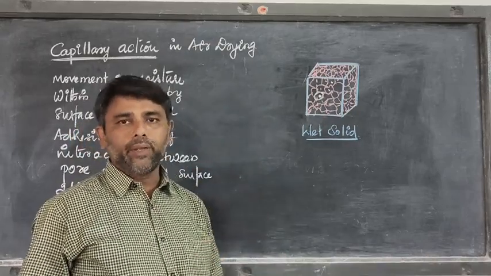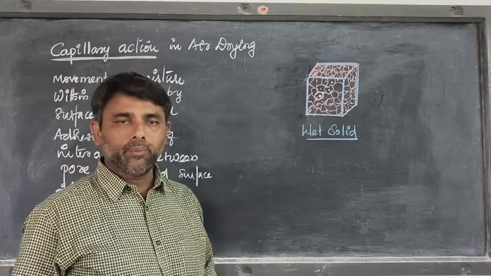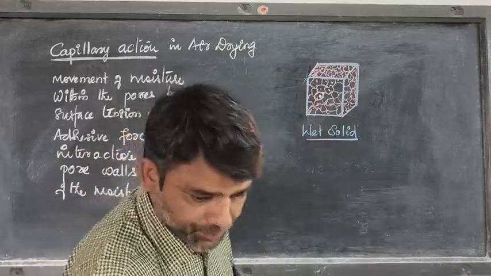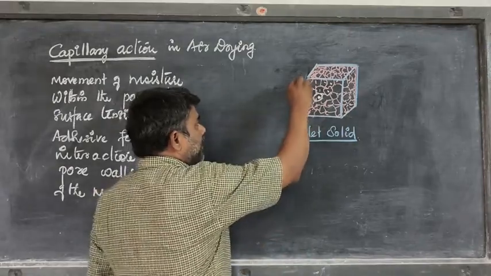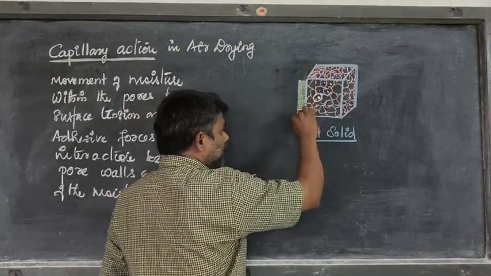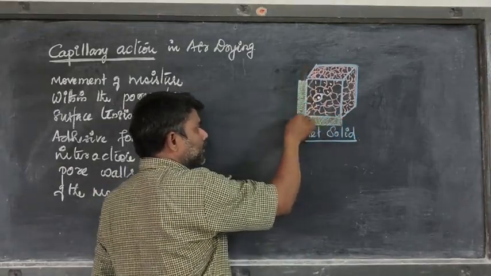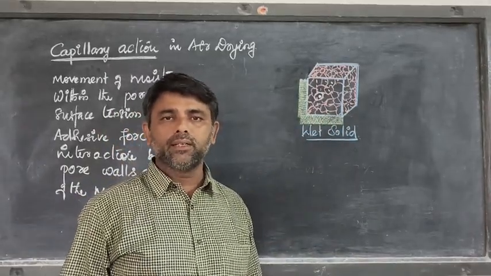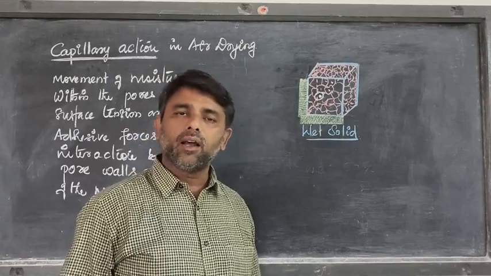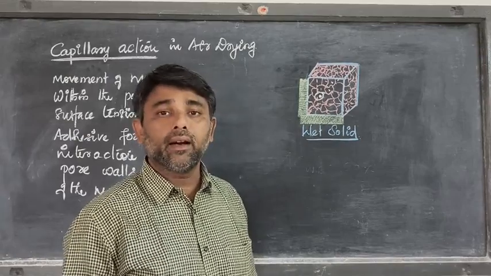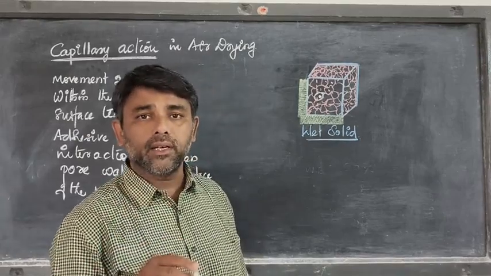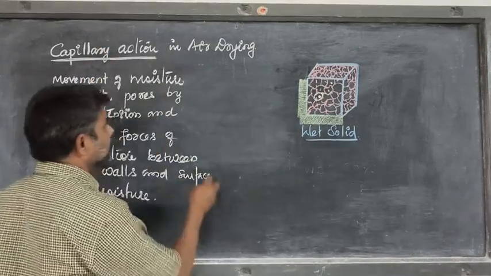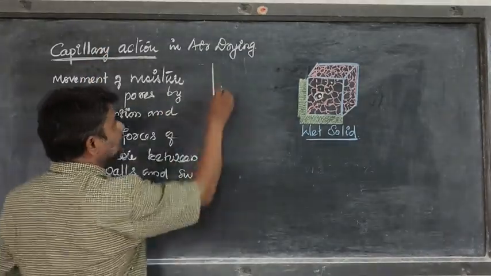In falling rate period, the rate of evaporation of moisture in the outer surface will not be equal to the rate of movement of moisture towards the outer surface.